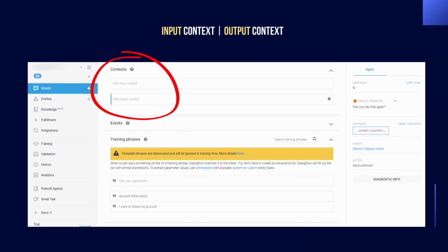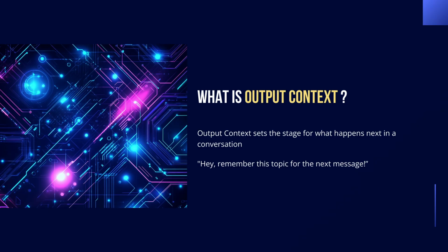Now, we can see that there is input context and output context. What is an input and output context? Let's start with output context first. Output context sets the stage for what happens next in a conversation.